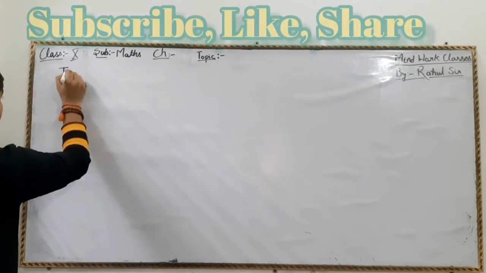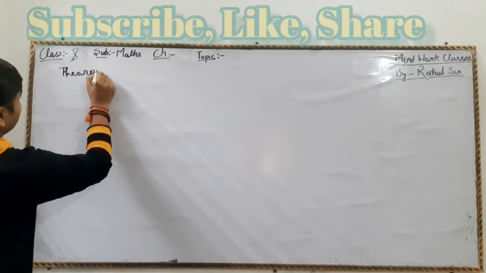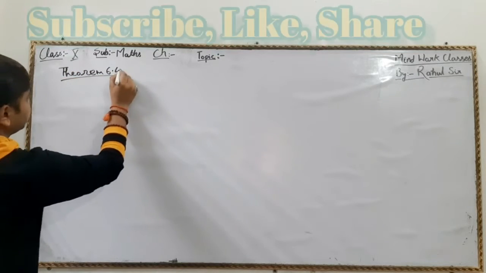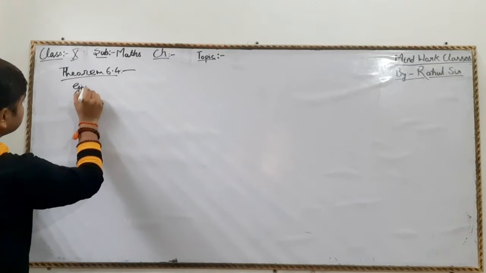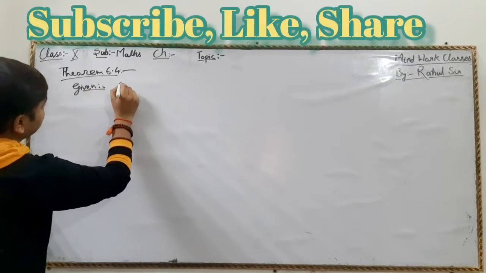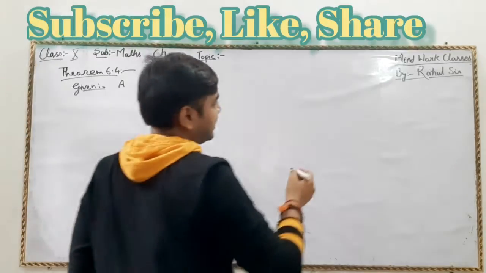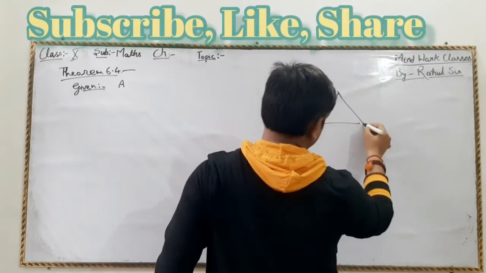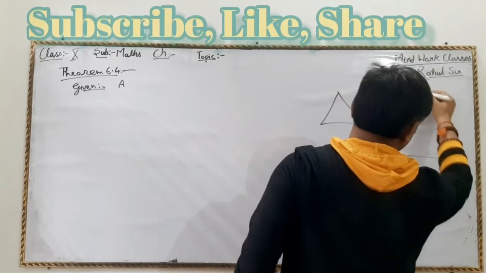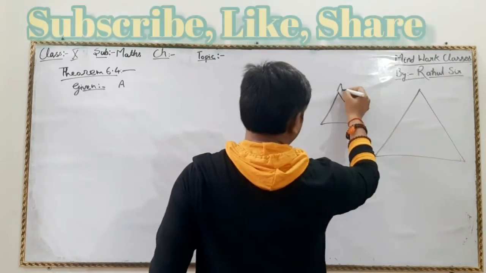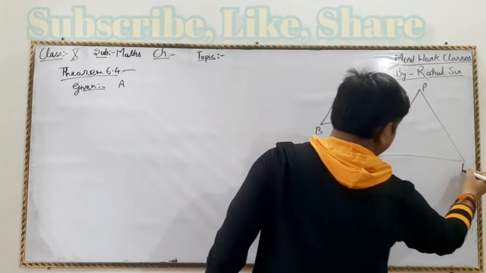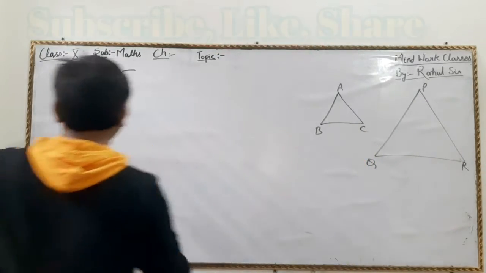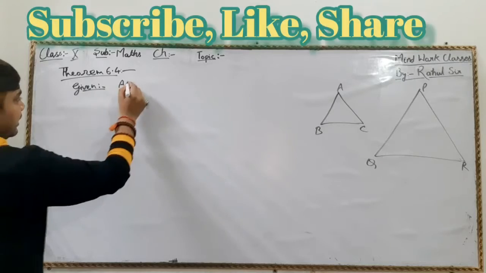let's study this theorem 6.4. Now what is given to us? Let us take two triangles here, A, B and C, and this is P, Q and R. What is given here?